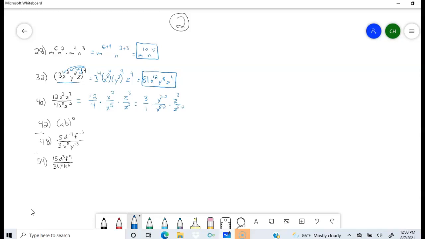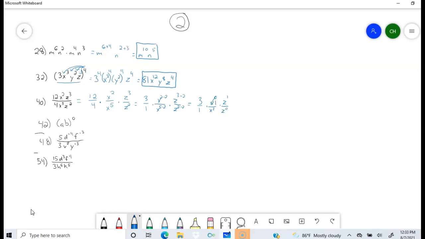We'll subtract 2, subtract 2. So now we've got 3 over 1 times x to the 0 over x to the 3rd times z to the 1st over z to the 0.